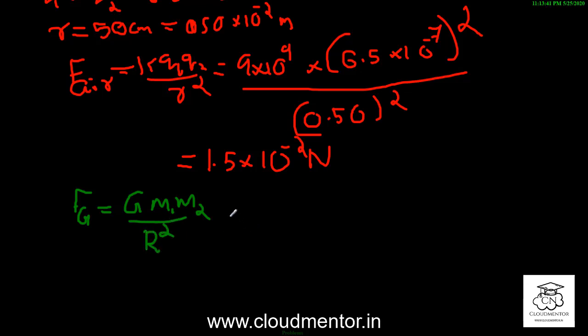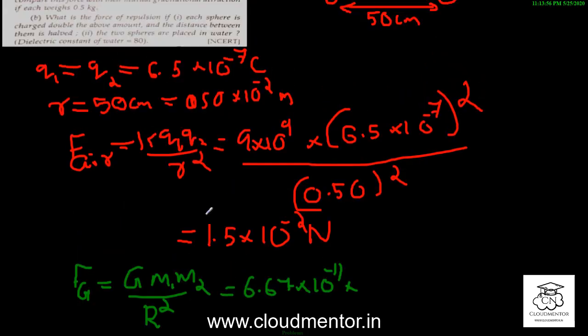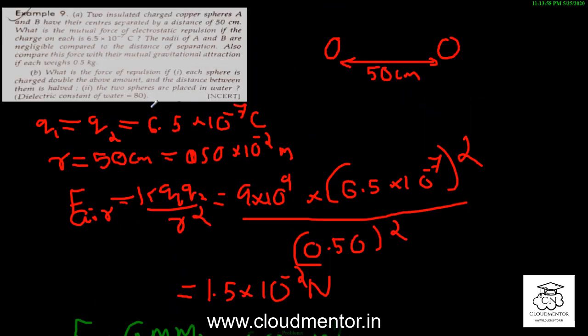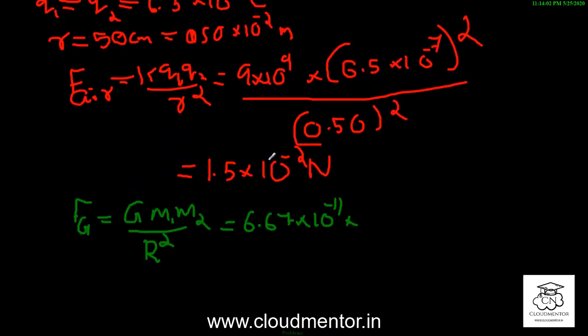that will be equal to G is 6.67 into 10 raised to minus 11, that is the universal gravitational constant, and that multiplied by the mass of the sphere, which is given as 0.50 kilograms. So we can directly apply 0.5 into 0.5 divided by r square.